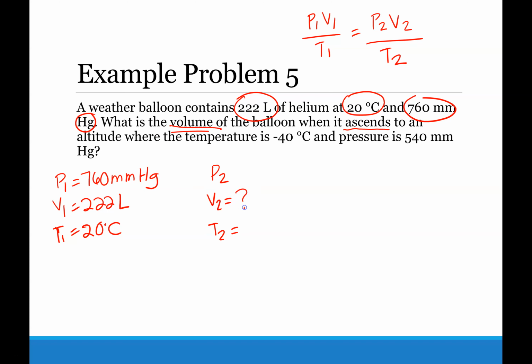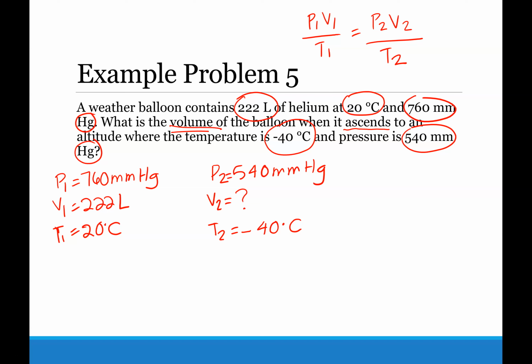So we're going to be looking for V2. When it ascends to an altitude where the temperature is minus 40 degrees Celsius, so minus 40 degrees Celsius is your T2, and pressure is 540 millimeters of mercury. So we technically could use millimeters of mercury in this problem.